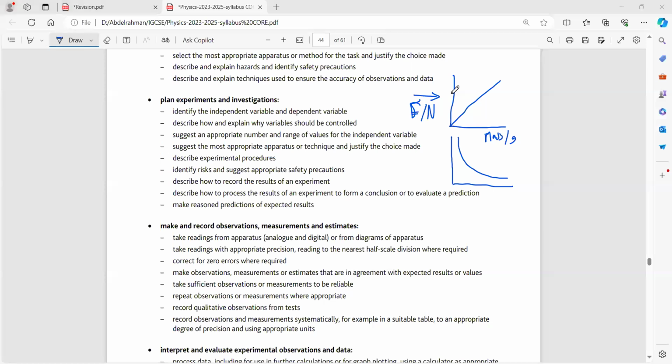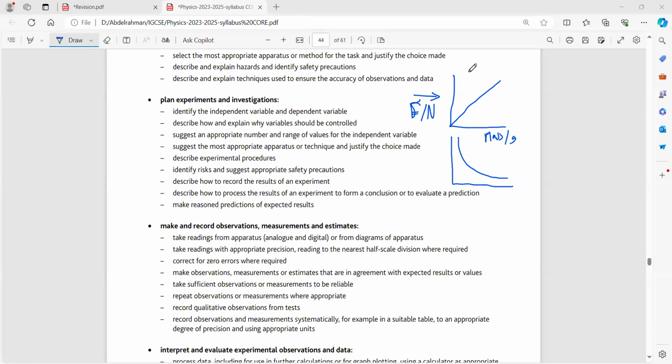For an indirectly proportional relationship, an inversely proportional relationship, what would it be? For example, the rate of cooling. Okay, when do you draw it curved? For the rate of cooling, what do I mean by the rate of cooling?